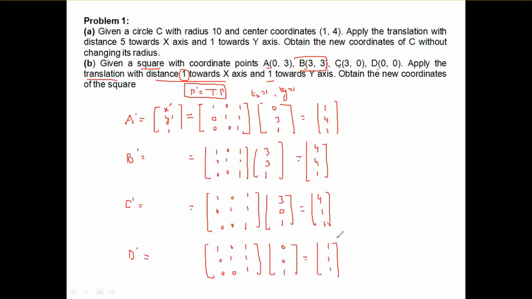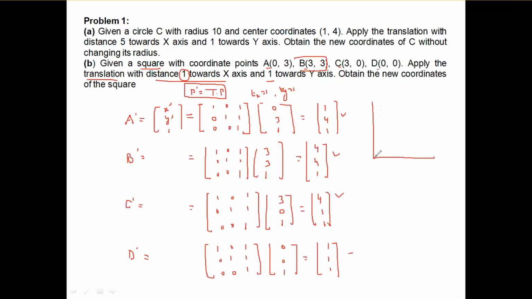So these are the new points after translation by tx equal to 1 and ty equal to 1. Now if I try to draw the figure, for example, the points are given, with this A 0 3.